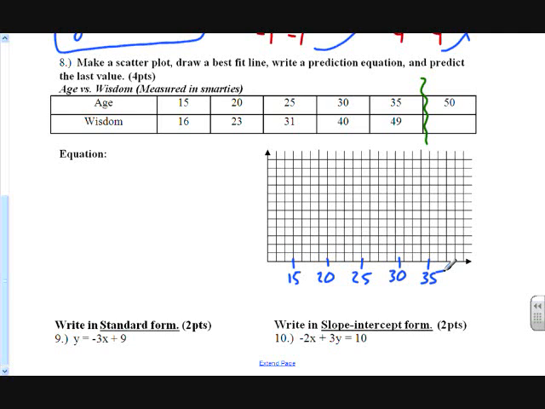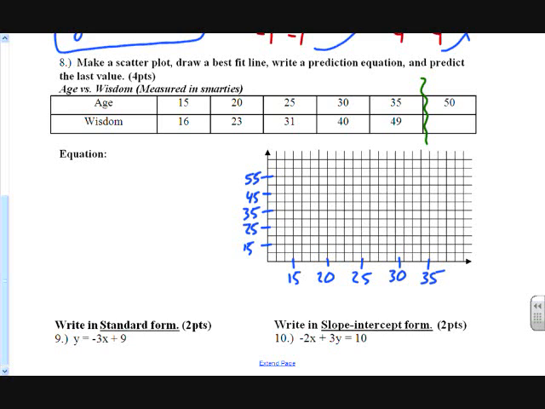And now the plotting the wisdom measured in Smarties, which is hilarious, by the way. I'm going to go ahead and plot that over here. I've got to start somewhere around a 16. I'm going to start at 15, 25, 35, 45, 55. And now I just have to plot each of these things.